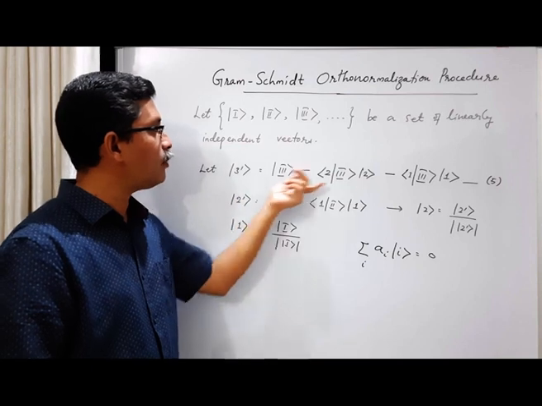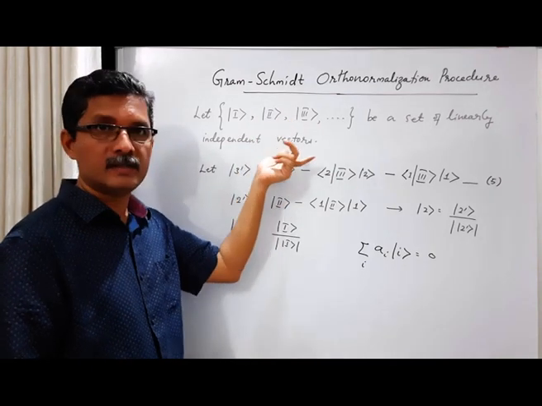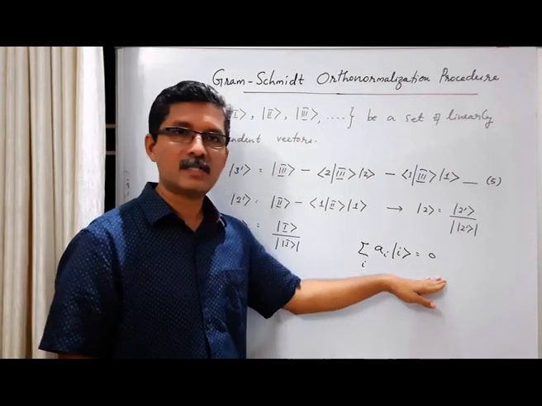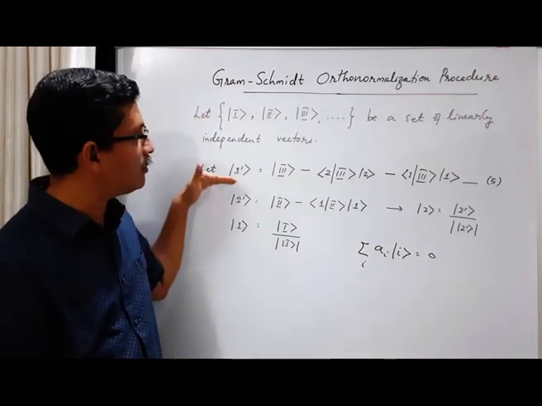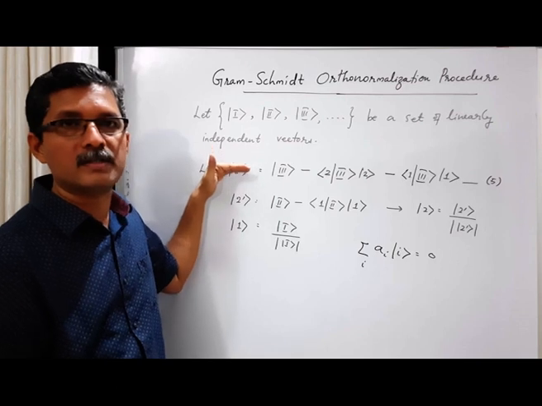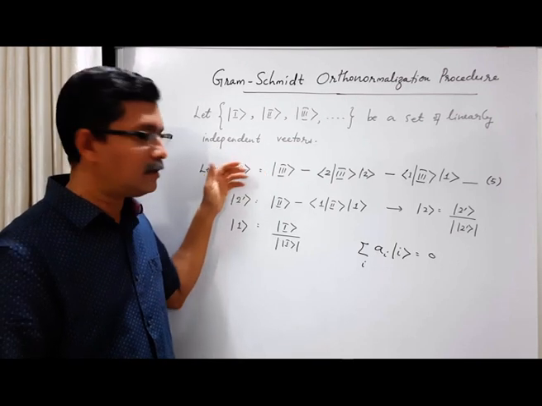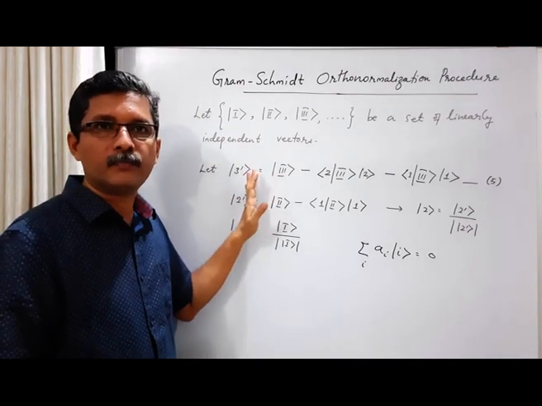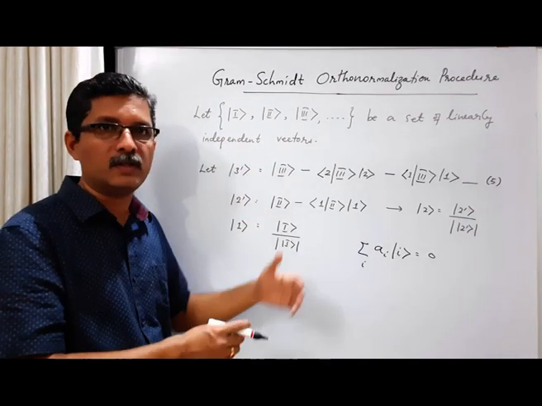On the other hand, if some of these vectors are linearly dependent, then at one stage their linear combinations will be equal to 0. That means if you continue to construct such linear combinations, at some stage ket 3 or ket 4 or ket 5 will become 0. Okay, so this construction cannot proceed.